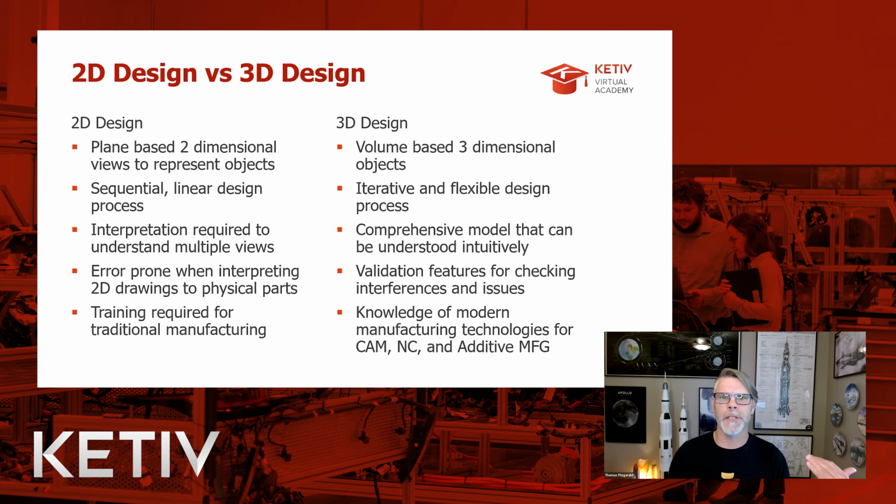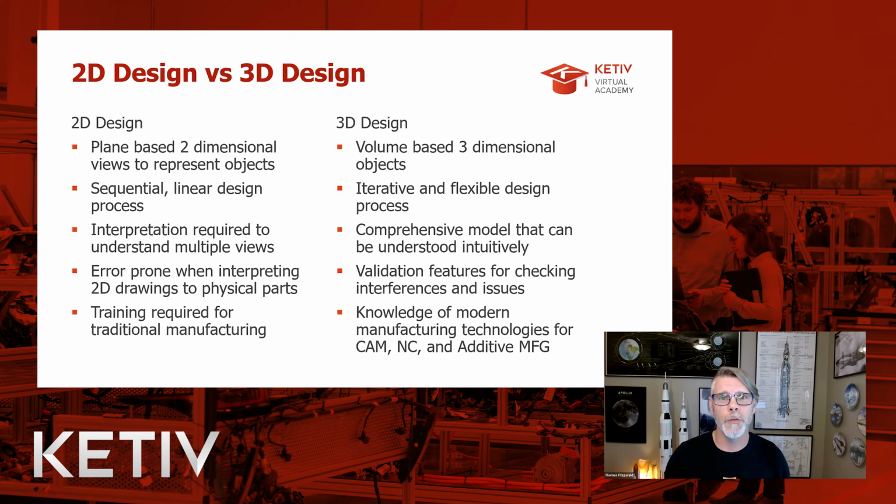It's a very sequential, linear design process. Depending on the user, there's a lot of interpretation that must occur. If you're not used to understanding the differences between line weights, line types, and different layers within 2D design, understanding what's actually going on with these views can be extremely challenging, particularly if you're new. It usually takes a lot of time to understand how to interpret some of these two-dimensional drawings. There are a lot of opportunities for errors when working with 2D design tools.